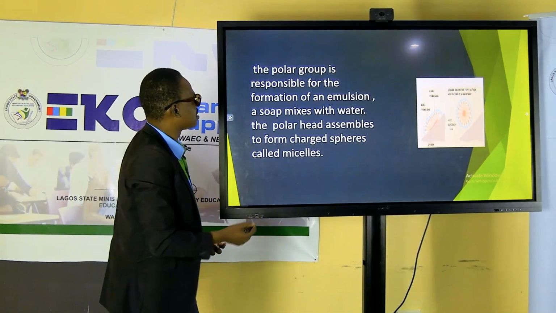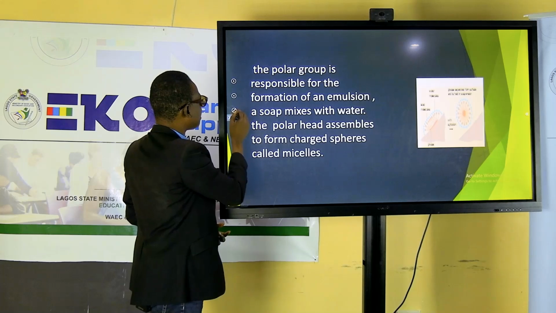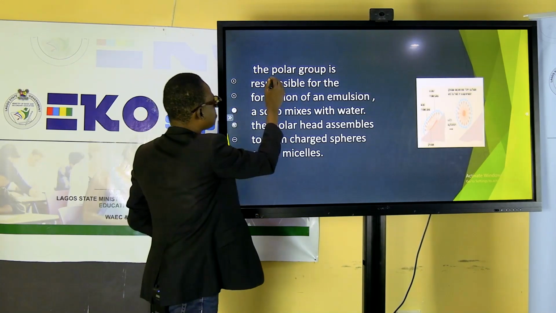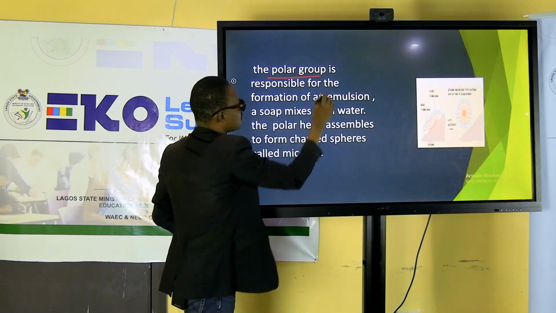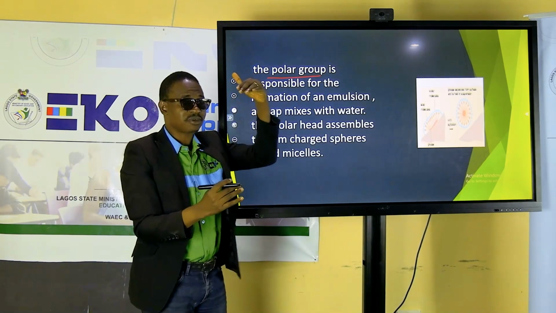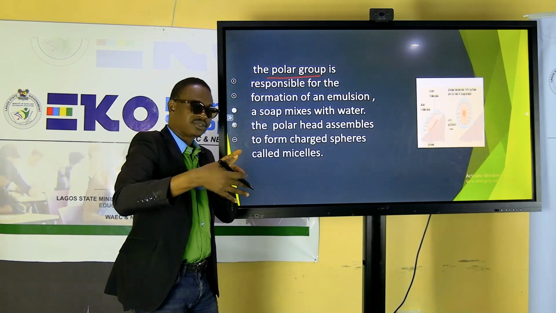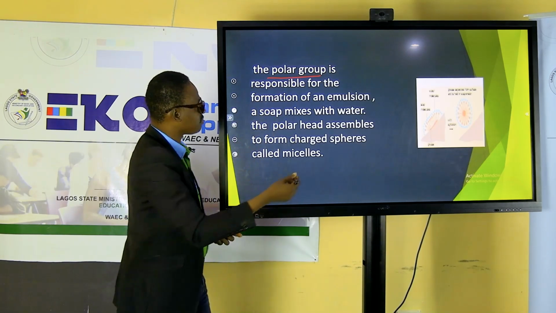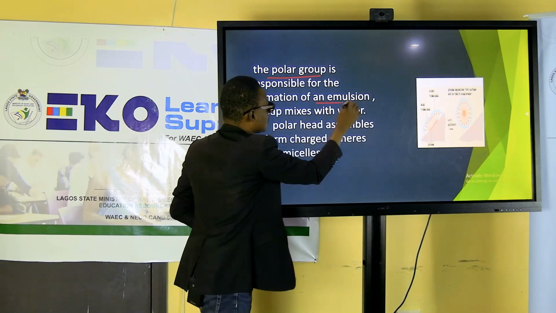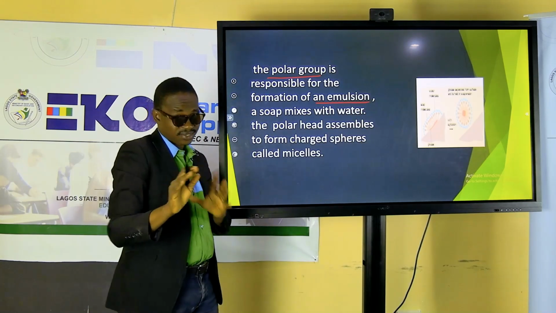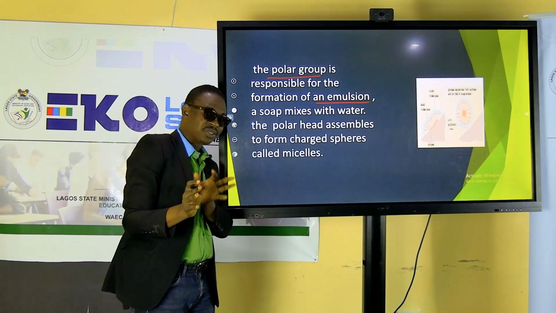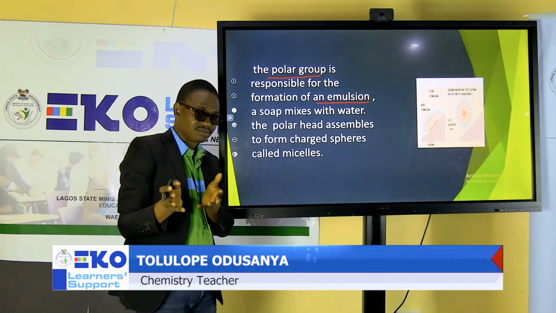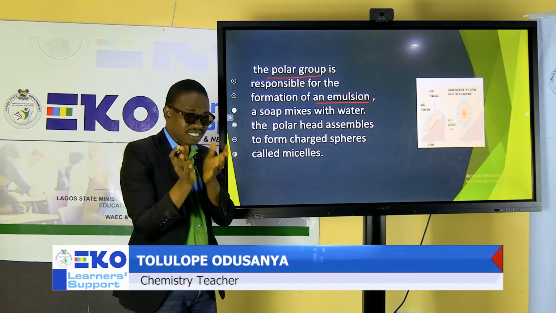Okay, fine. So the polar group, the one on top of the soap, and the water is responsible for the formation of emulsion. Don't get it confused with what you have in paint. You know we have emulsion paint, you have gloss. Don't mix it up.